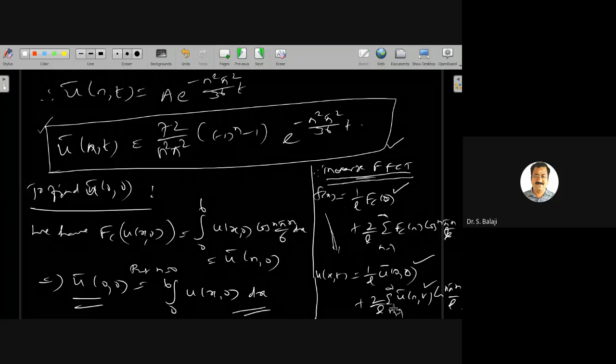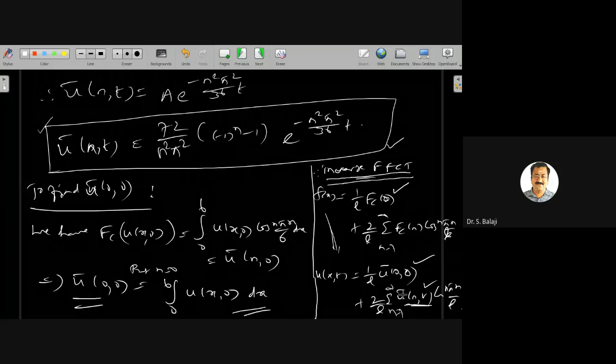Then 2 by L summation n equal to 1 to infinity u bar of (n, t) cos n pi x by L. Now you are having u bar of (n, t), that is okay, no problem.